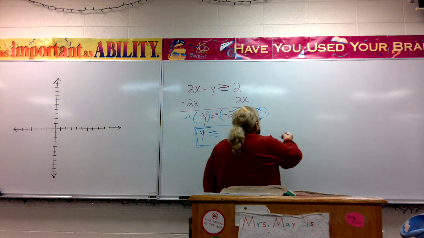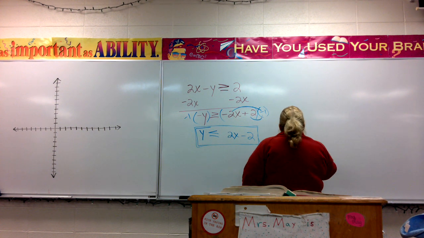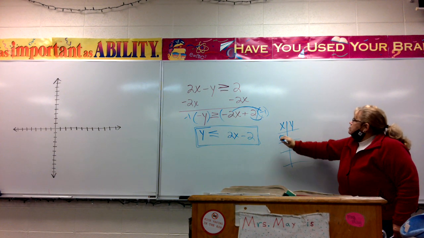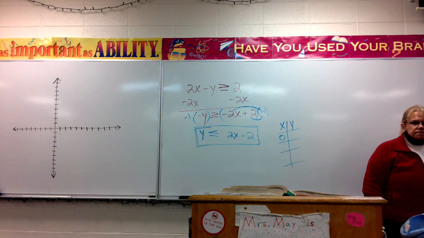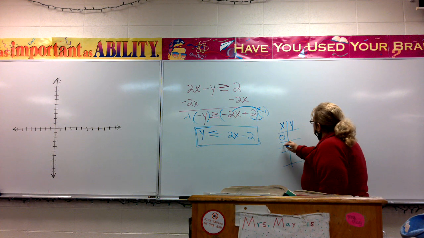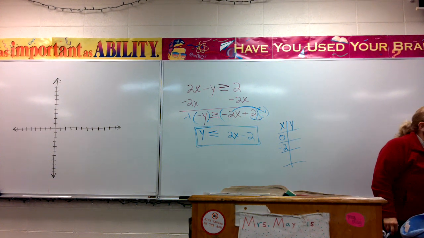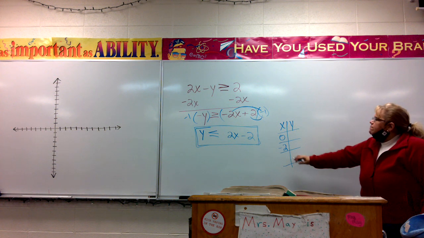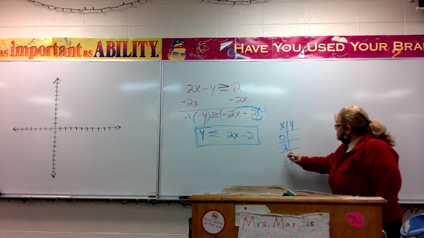Just like we did before, you have to make a t-chart and pick some values for x. I like 0. Negative 2? Oh, did you say something else too? Oh, right. And then y. And well, give me one more x though, please. 1, she says.